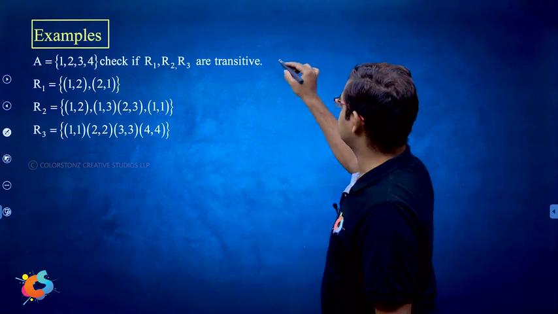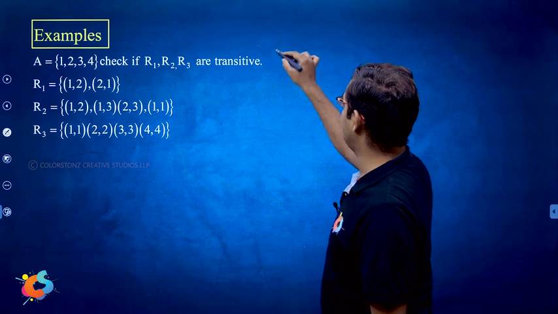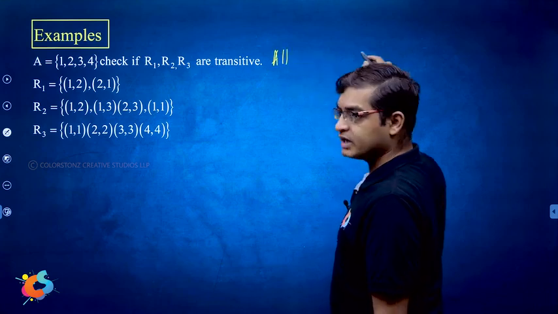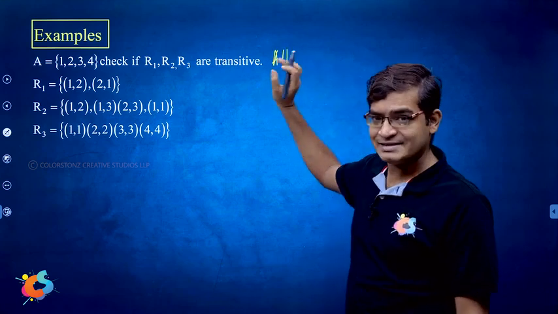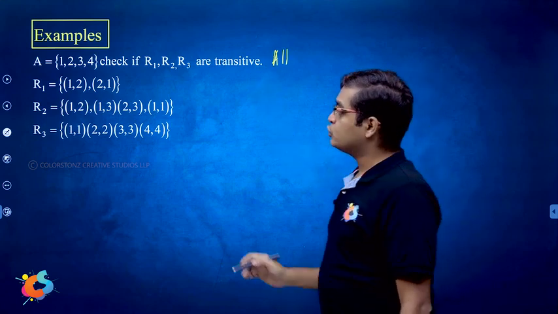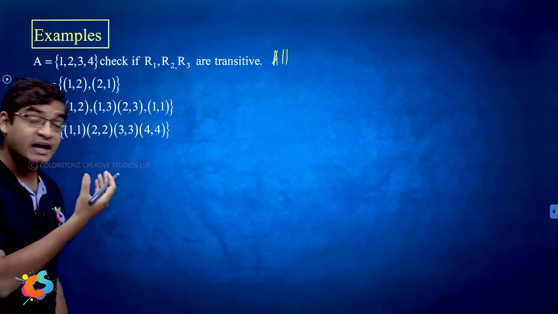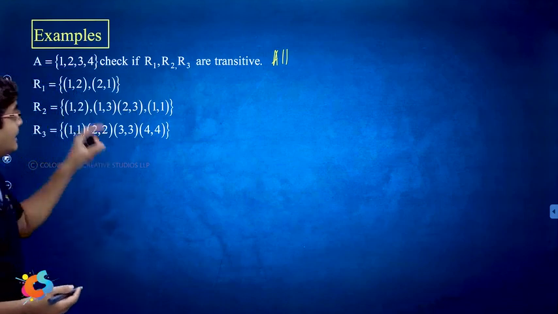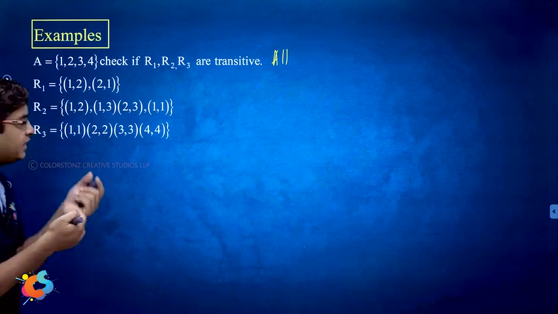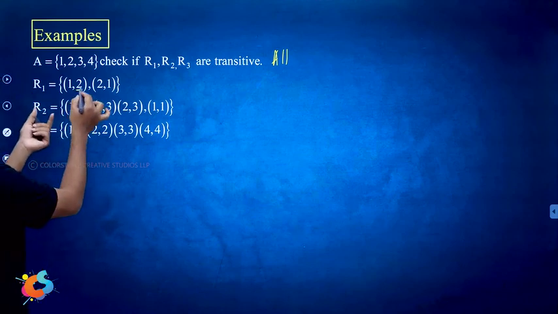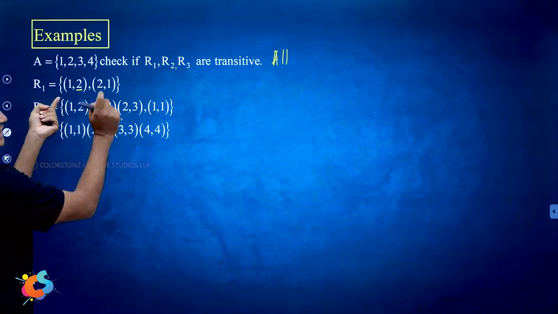So here let us write all of the relations, R1, R2, R3, defined on A. That is given in the question. The way you should check is the same as the definition: whenever you take an ordered pair, check the second coordinate, 2. Is there any other ordered pair starting with 2?